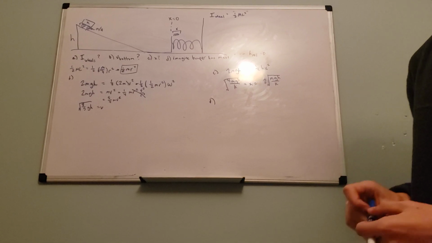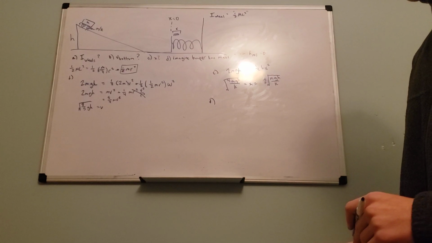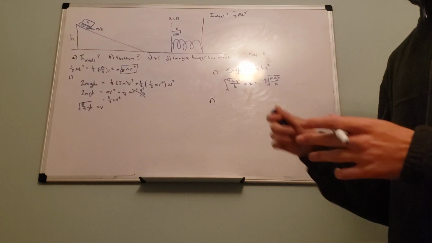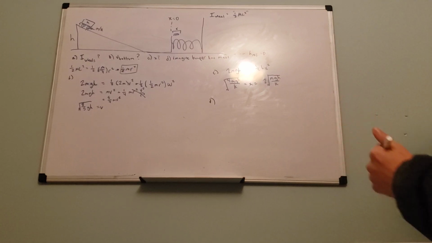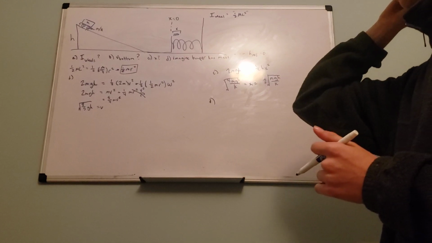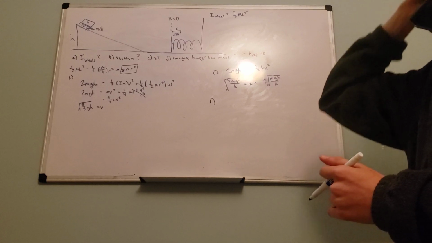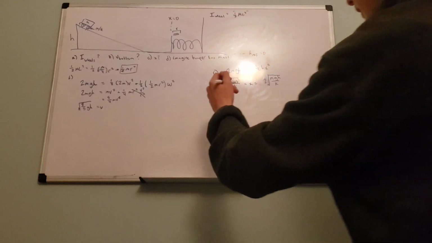So we can do an inelastic collision. Basically, we can imagine that the bumper and the cart are sticking together. The total mass of the cart is 2m.